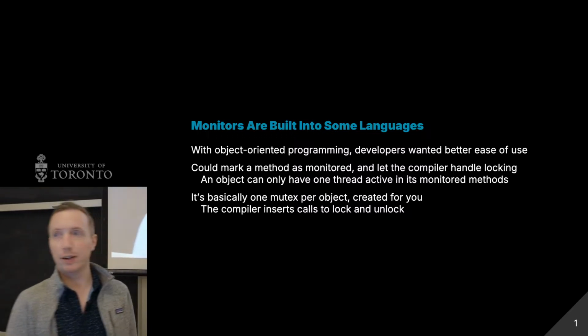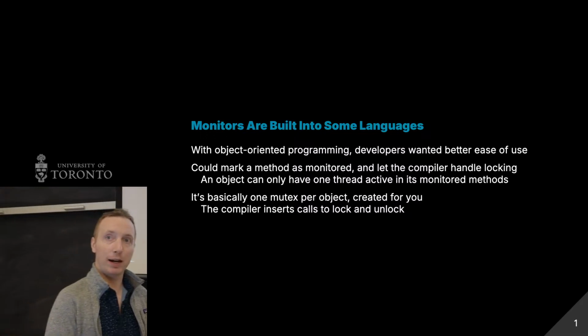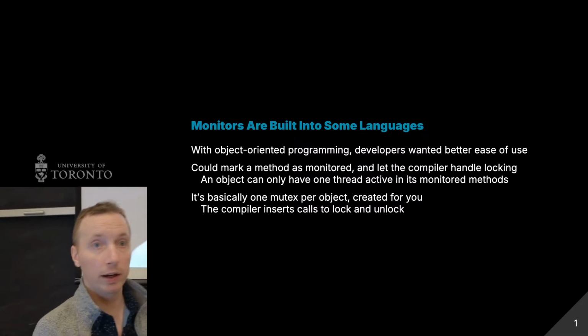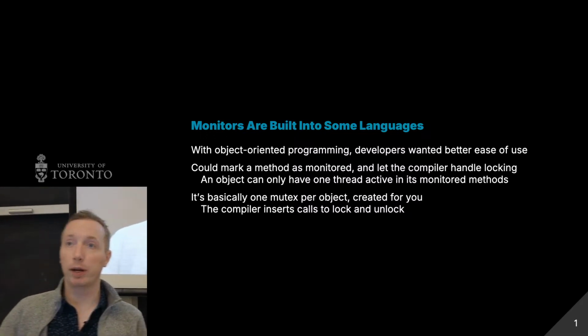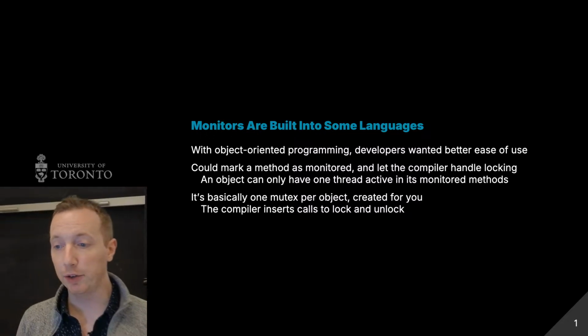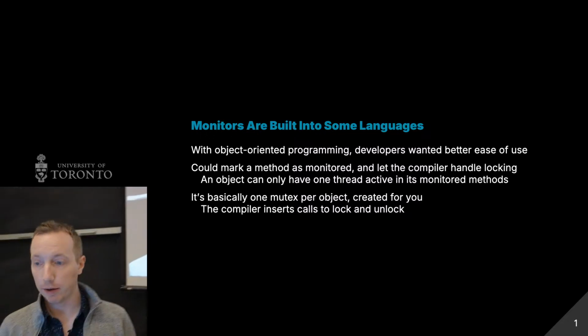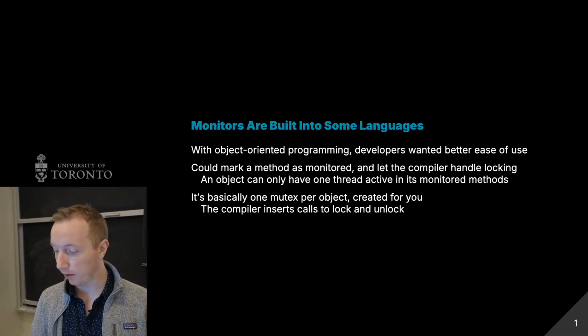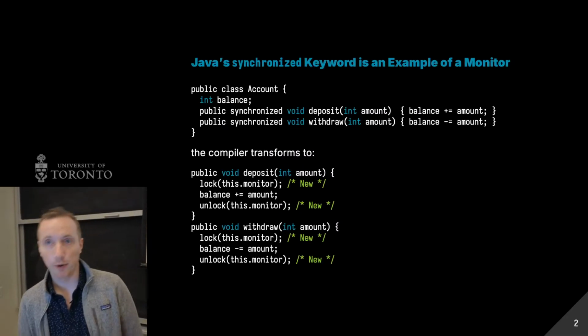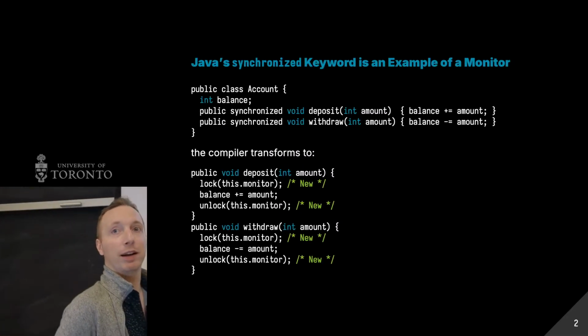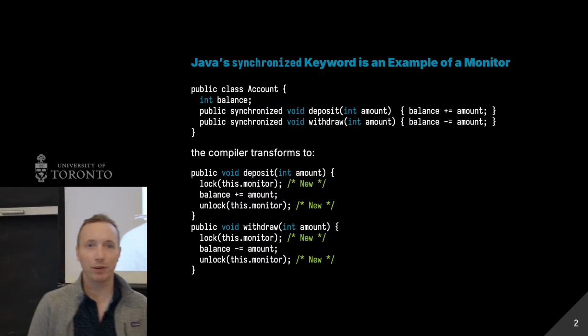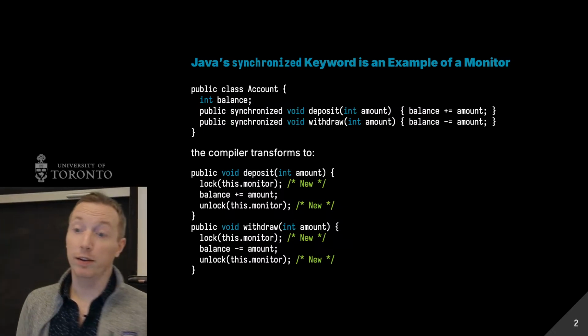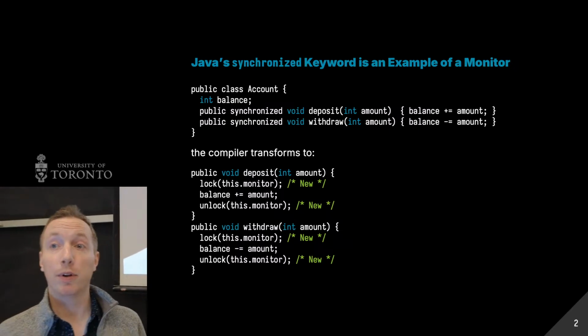Basically, if you have at least one monitored method, it will automatically create a mutex for each object, and then the compiler will insert lock and unlock calls for you. If you have the unfortunate displeasure of using Java, the synchronized keyword is an example of a monitor.